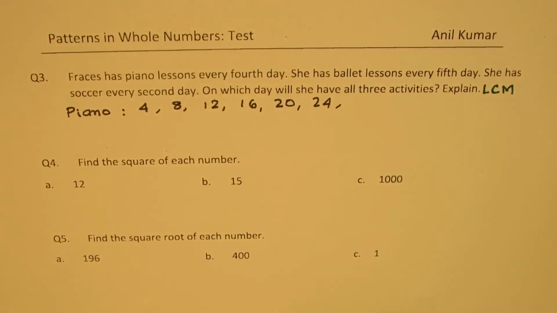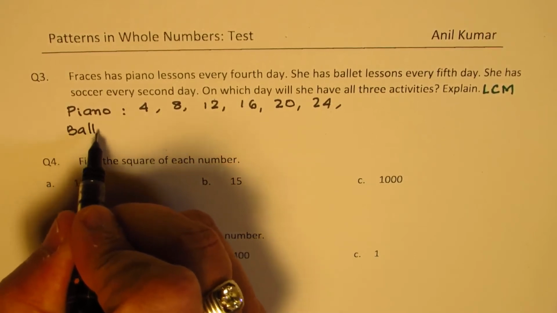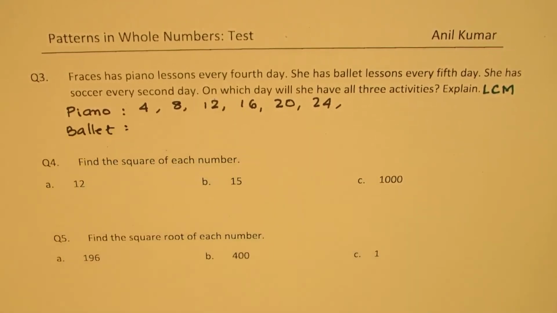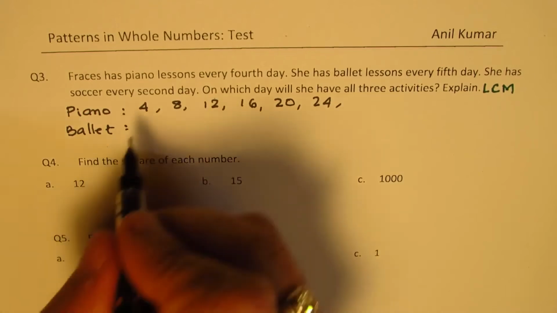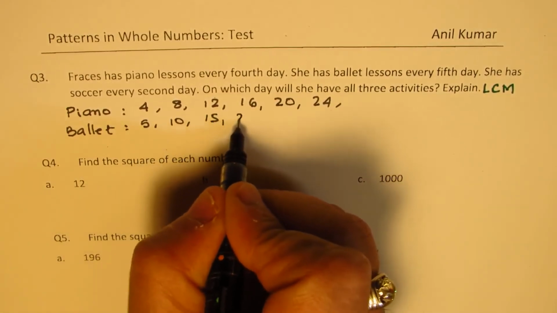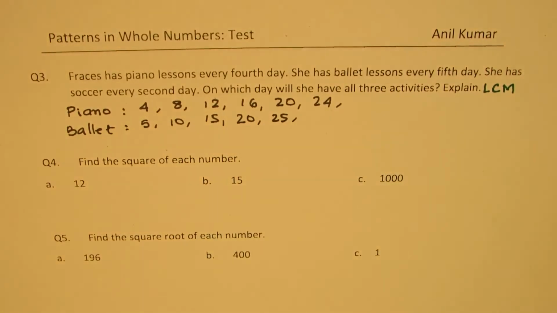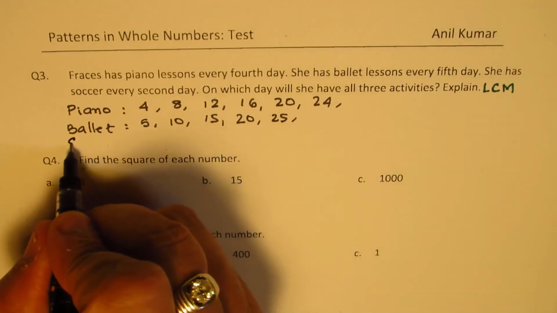Now, she has ballet lessons every fifth day. So ballet lessons every fifth day means 5, 10, 15, 20, 25, and so on.